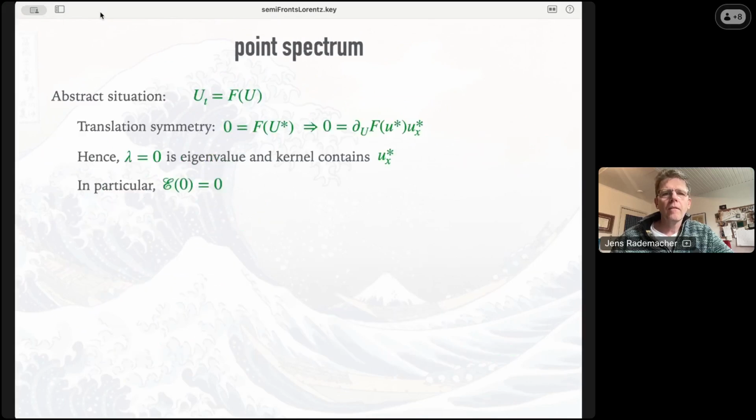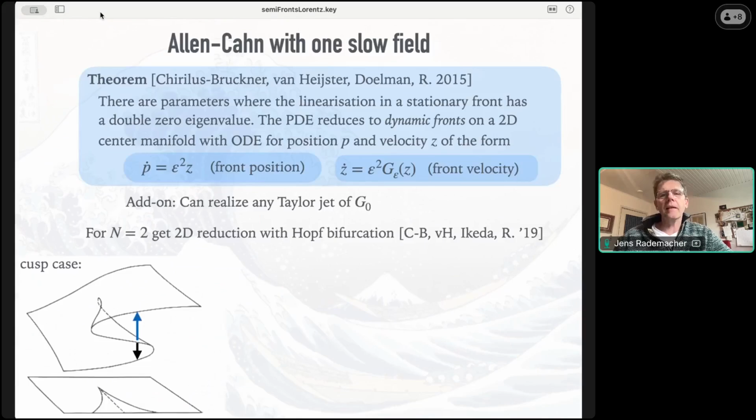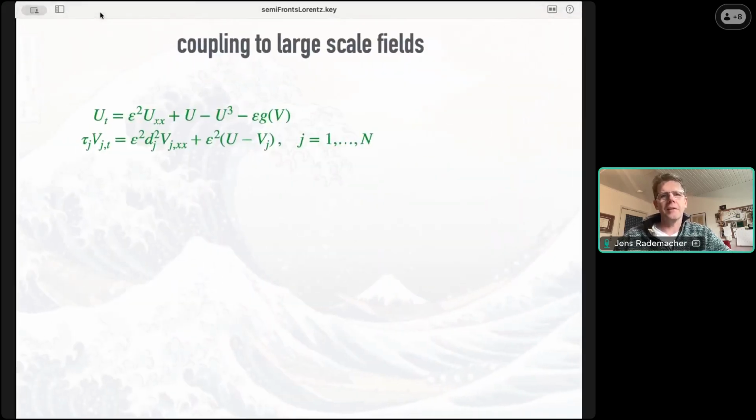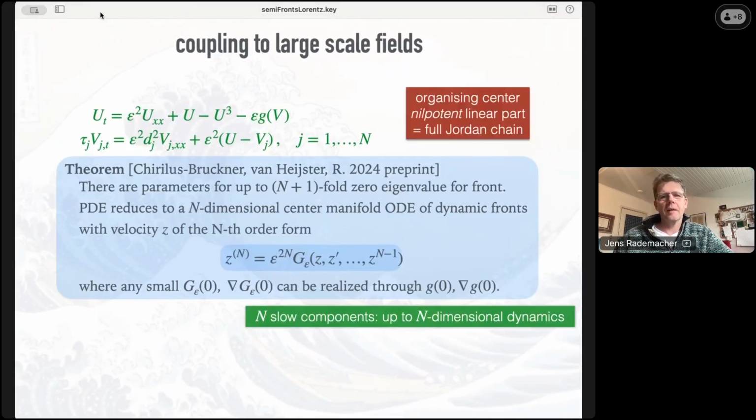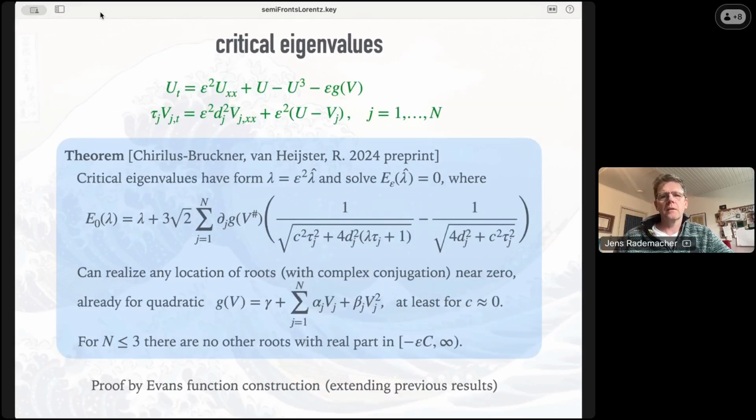Evans function. Yeah, like your preprint. Maybe next one. Oh, okay. I'm sorry. The Evans function. Yeah, now I understand. Evans function part. Wait a minute. Forget which page. Yeah. This one. Yes.